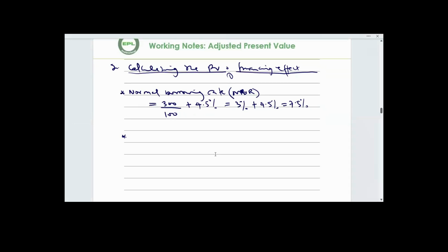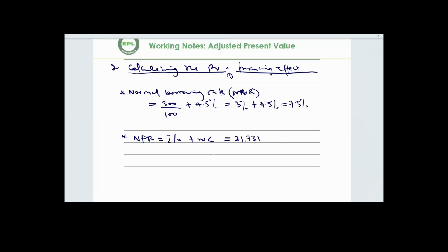Then, of course, another thing you need to ascertain from the beginning is whether you want to use the net finance required or the gross finance required. I also advise you to always use the gross finance required. The examiner will never tell you to use either gross or net, but always use the gross. So the net finance required is equal to the initial outlay plus the working capital, which is equal to 21,731.